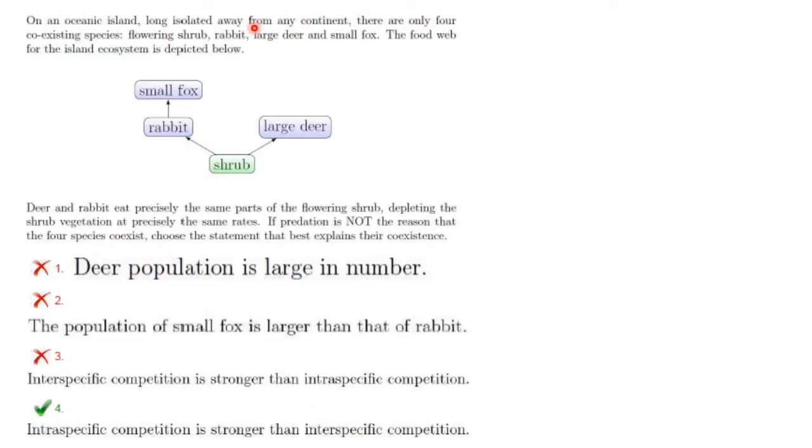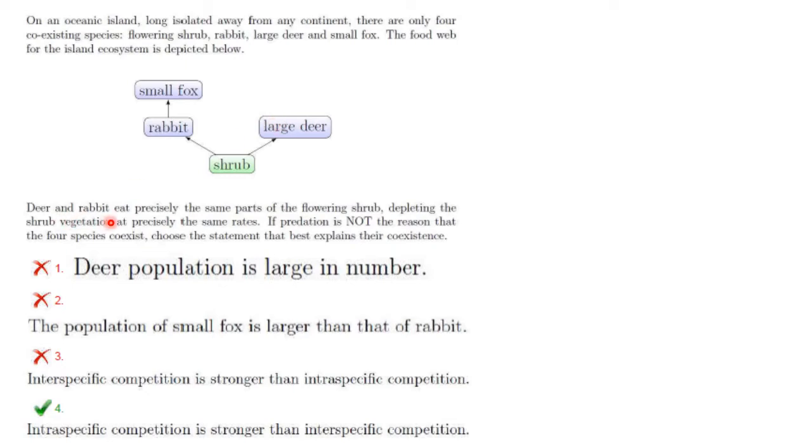Next one. On an oceanic island, long isolated away from a continent, there are only 4 coexisting species: flowering shrub, rabbit, large deer and small fox. The food web for the island ecosystem is depicted below.